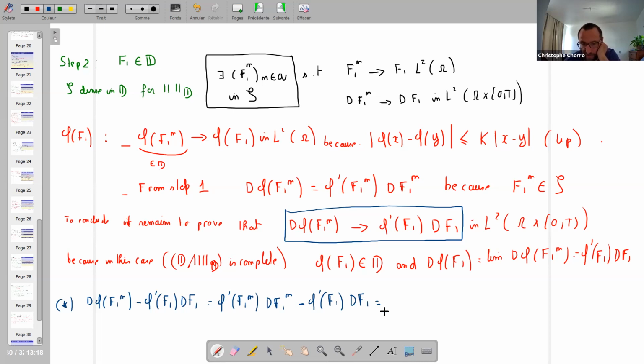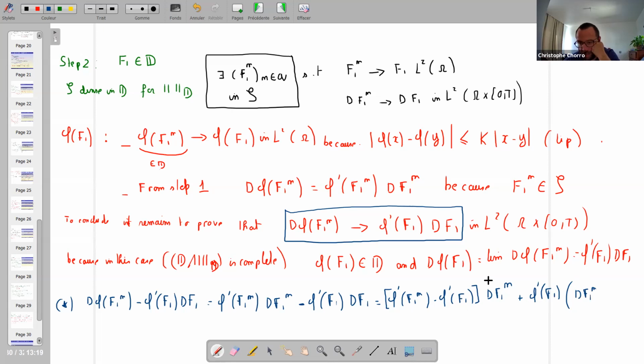I can write it as phi prime of F1n minus phi prime of F1, multiplied by D F1n, plus phi prime of F1 times D F1n minus D of F1.